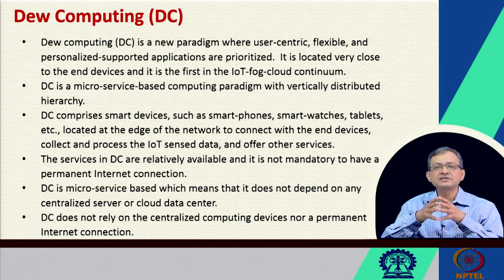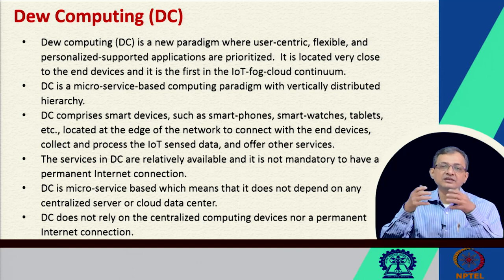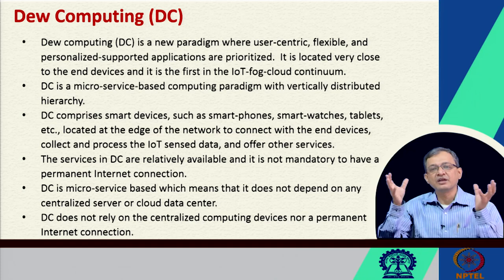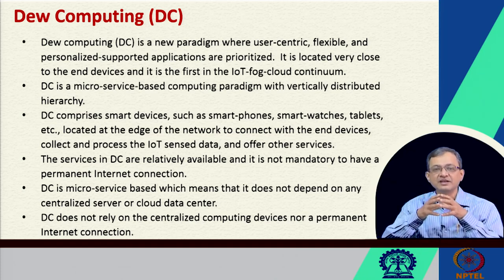So, in other sense, it allows you to work when the connectivity is not there. It is not to be seen as working without connectivity while you still sync, etc. Those who have used things like Dropbox and Google Drive have seen that you still need to sync the data, right. So, DC is microservice based, which means that it does not depend on any centralized server or cloud data centers, right.